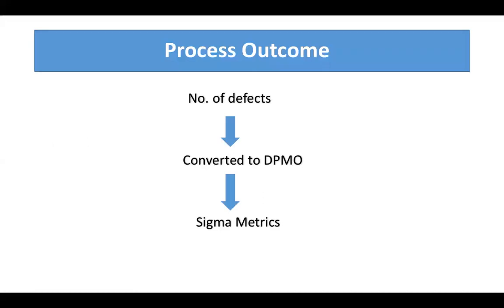In process outcome, what we have to do is find out: in 1 month, there were these many possibilities. Out of these, how many times were we not able to fulfill the requirement? Suppose turnaround time.